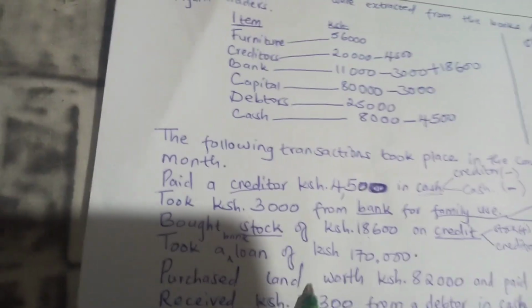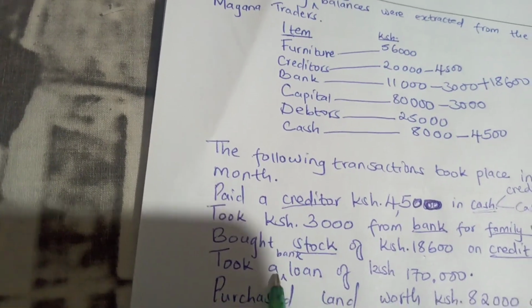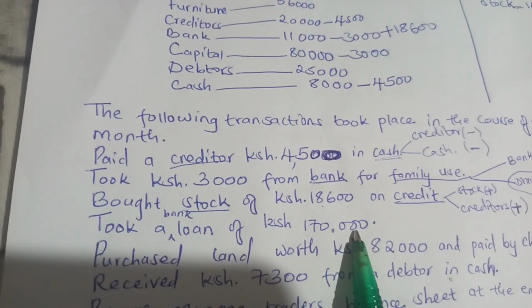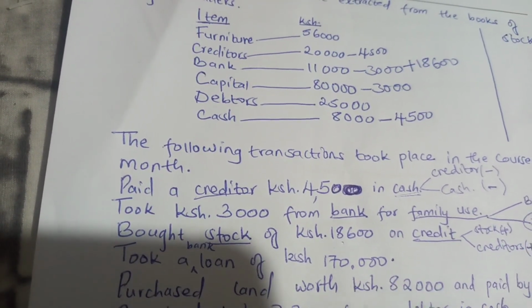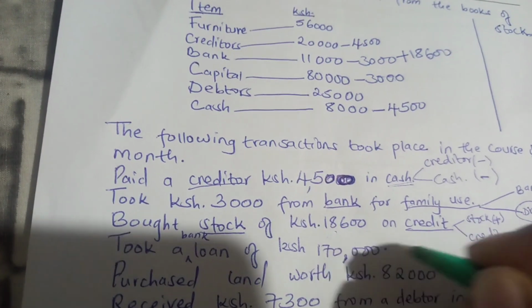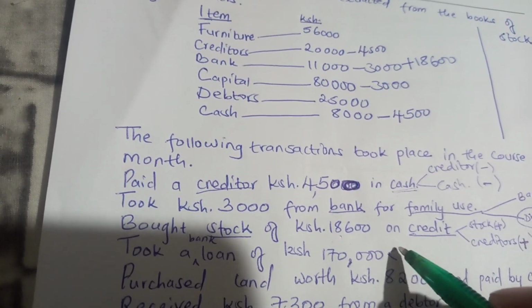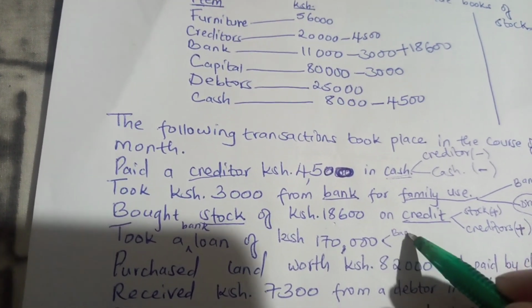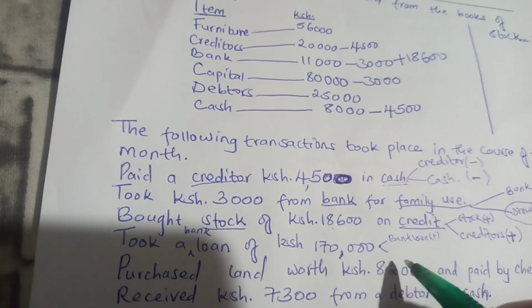Next transaction, took a bank loan of 170,000. So in this case, we are going to have a bank loan, which is on the increase.